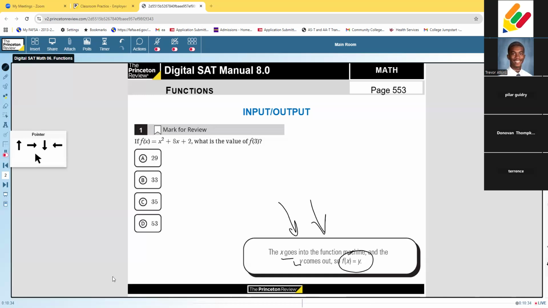Try to see if you can get to all of them. Answer something if you run out of time. Just put any old letter, right? Don't leave anything blank.